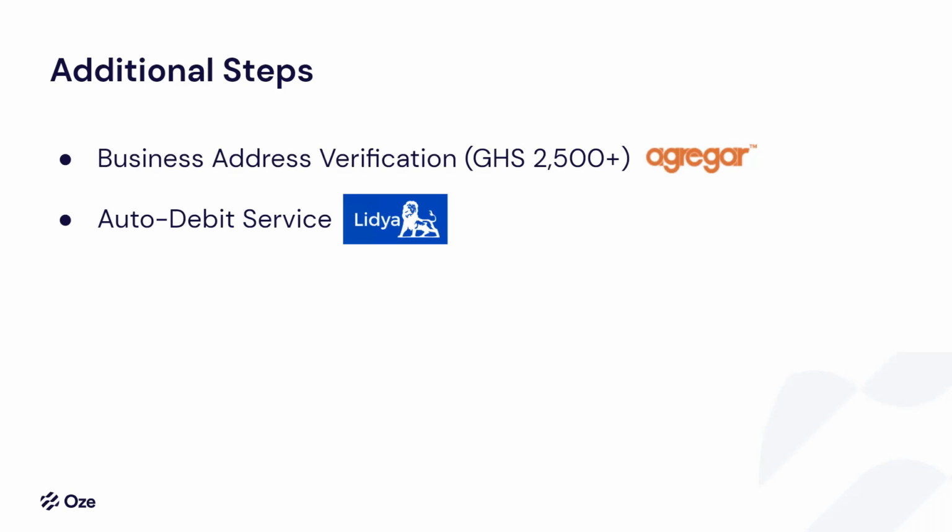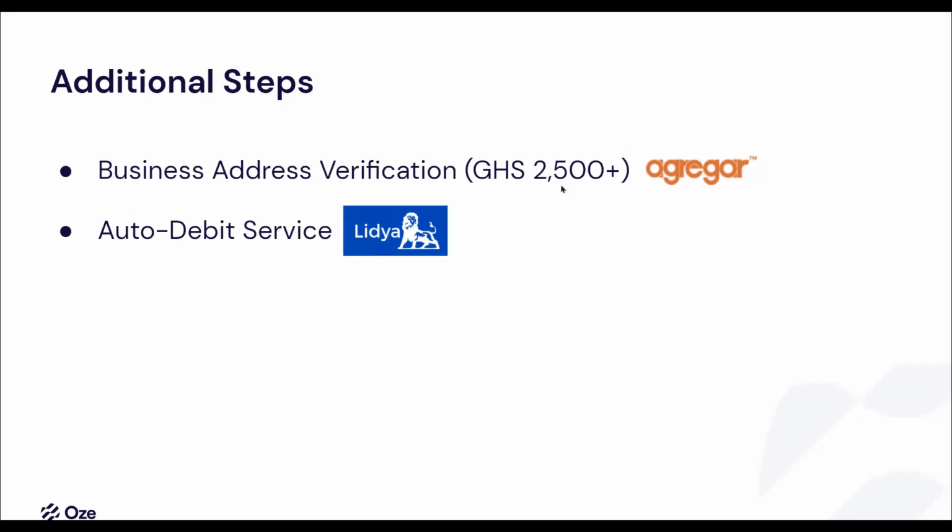So the company that we've partnered with there is Agrigatech. They will send somebody to verify that the business address that you provide to us, we provide to them, and then they will send somebody there to indeed verify that you are at that address, you are indeed engaged in the kind of business that you claim that you are engaged in, and they will gather information and then send us a report based on what they gathered.